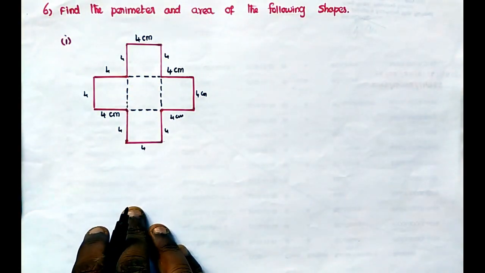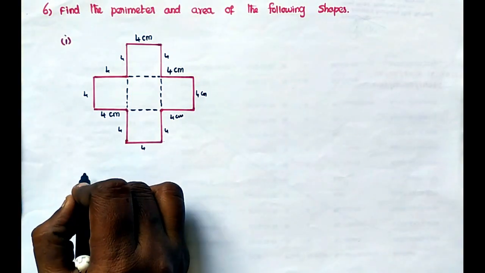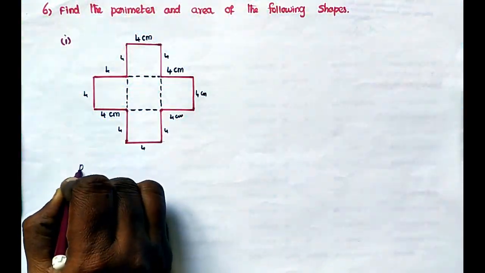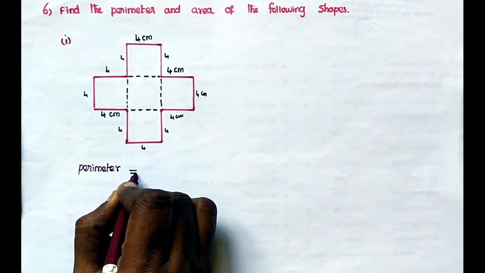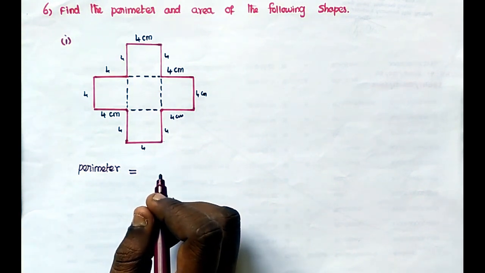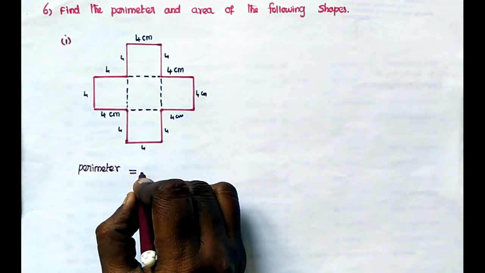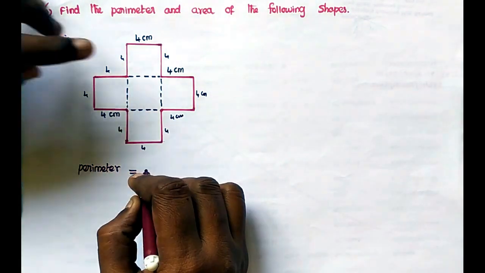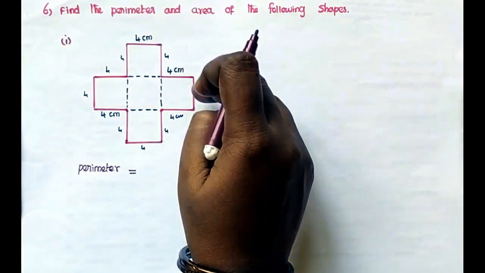We have to find the perimeter and then the area. First, perimeter is equal to, what's the formula? Add all sides of the shape. So first 4, start from here, 4, 4, 4, 4.